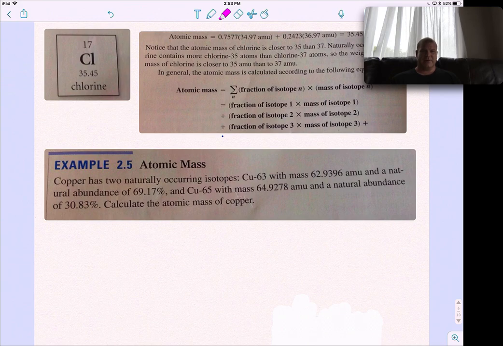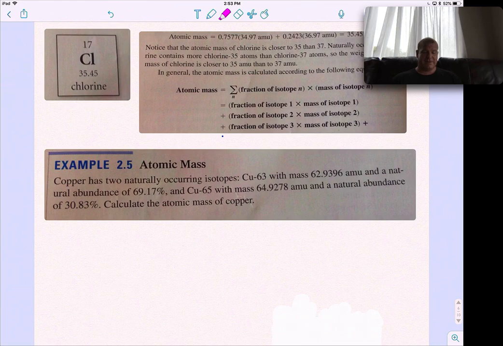So there's chlorine 35 and chlorine 37. I said chlorine 35, so why does it weigh 34.97? And why does chlorine 37 have a mass of 36.97?